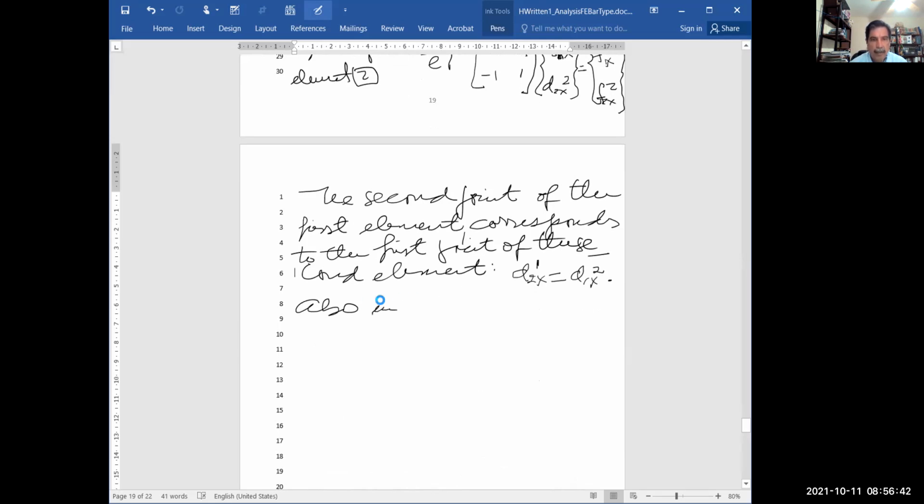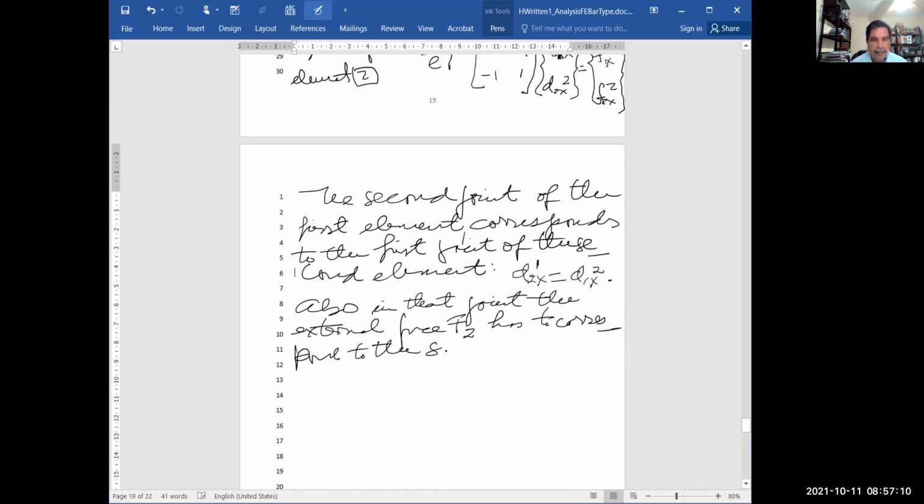Also, in that joint, the external force F, let's call it F2, has to correspond to the sum of F of the second of the third element, plus F of the first joint, but of the second element.